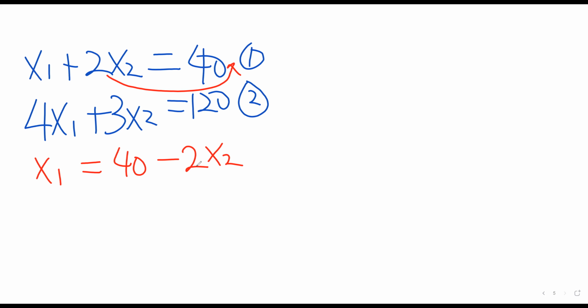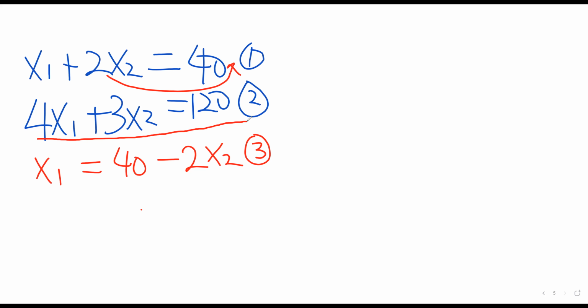Now this becomes your equation 3. And all you now have to do is to drop this. It says that wherever you see x1, it is 40 minus 2x2. So go to your second equation, which is your equation 2, and wherever you see x1, drop that 40 minus 2x2 there.